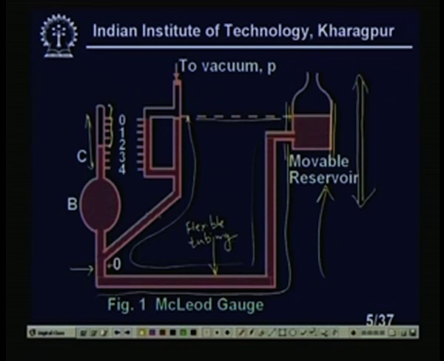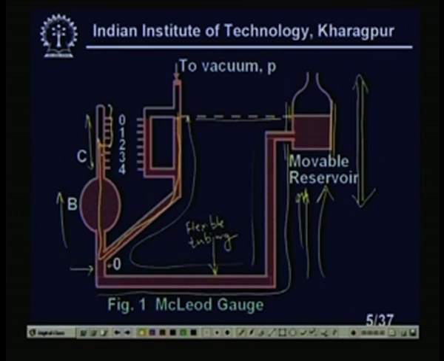So, it will come down, all the mercury will be collected in the reservoir, the gas will come through this region and be trapped here. Now, I will slowly move this reservoir up, then what will happen? Simply the trapped gas will get compressed and compressed, and as I move the reservoir up, this mercury column also will go up.